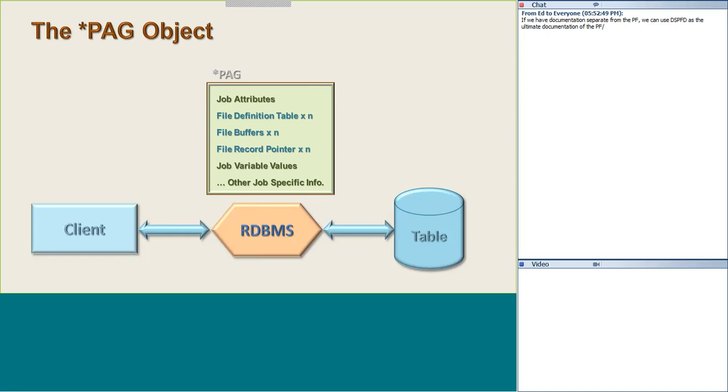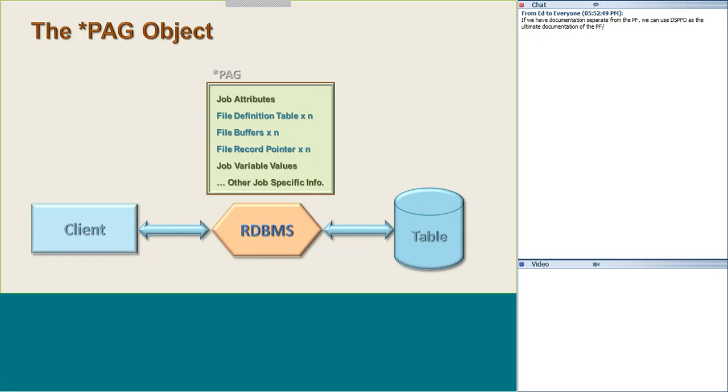It contains the FDT, or file definition table, for every single file that is open in the job. It contains the buffers times N, one buffer for each file that's open in the job. It contains the file record pointer times N, one for each file open in the job.